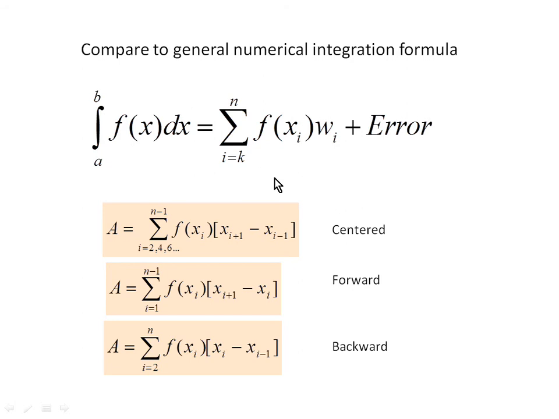So what we're saying is that we're evaluating the function here at these different values of i, so at these different locations. And the weighting function in this case is given here by x sub i plus 1 minus x sub i minus 1.